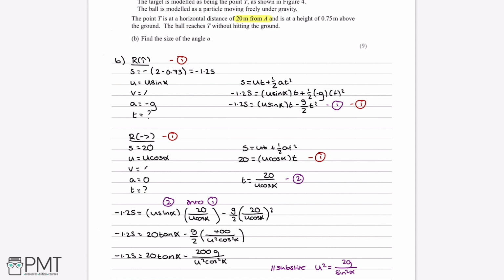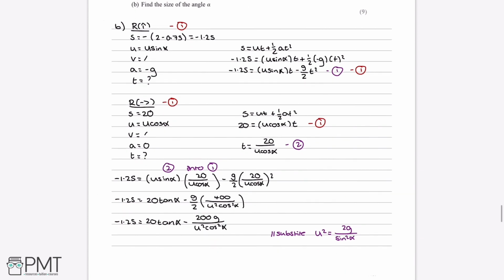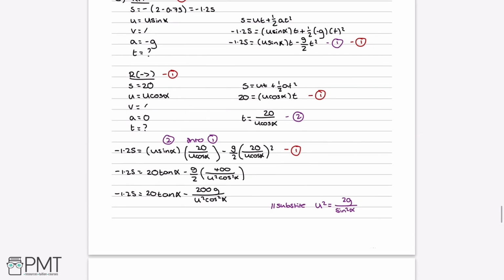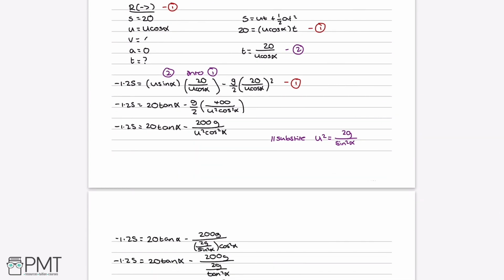Our next mark is actually a method mark, and it comes from substituting in this equation for t into this equation 1. So doing this gets us a method mark, and then we get another method mark for substituting in this expression here for u squared. So doing that is a further method mark.